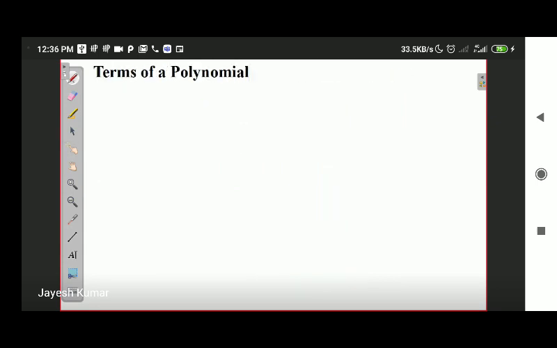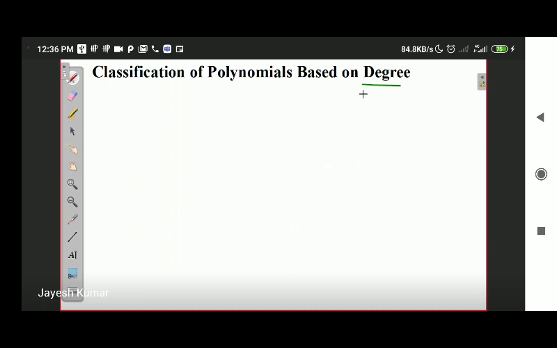Next is based on the degree of the polynomial. Based on the degree of a polynomial, we have 3 types of polynomials: linear polynomial, quadratic polynomial, and cubic polynomial. So let's see the classification of polynomials based on degree. On the basis of degree, polynomials are classified into 3 parts.